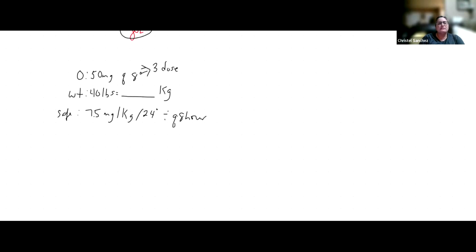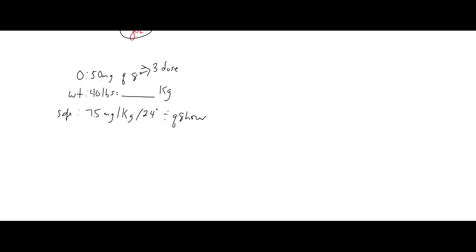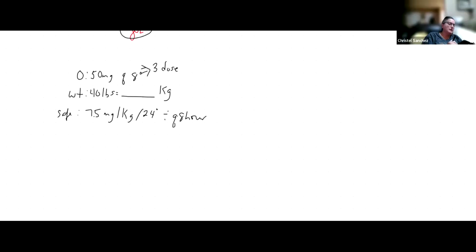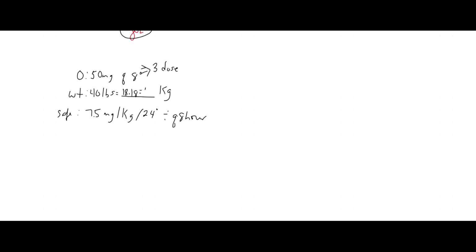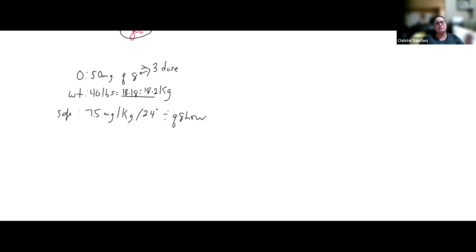What's the first thing I need to do on this one? Divide 40 by 2.2. We got 18.18, so my final weight is 18.2. Now, to see what my dose range is for 24 hours, I multiply that 18.2 times the 7.5 milligrams.